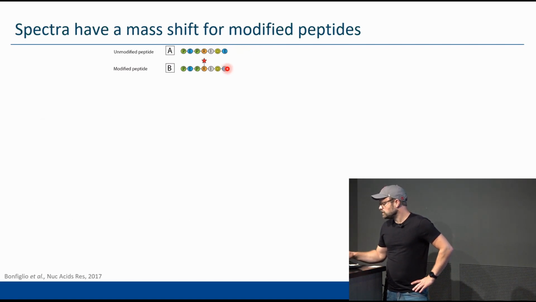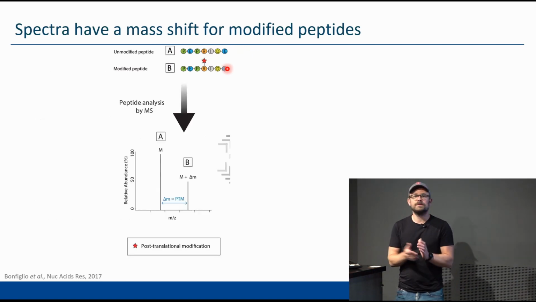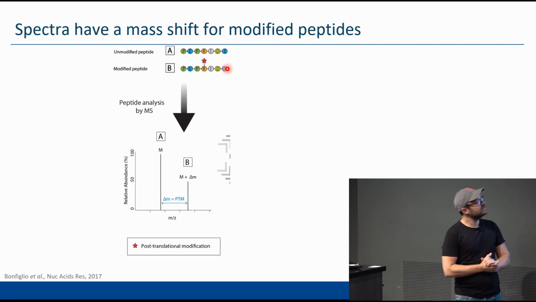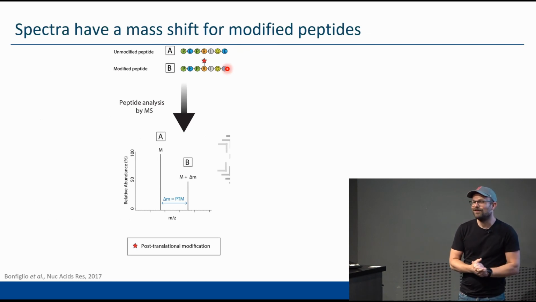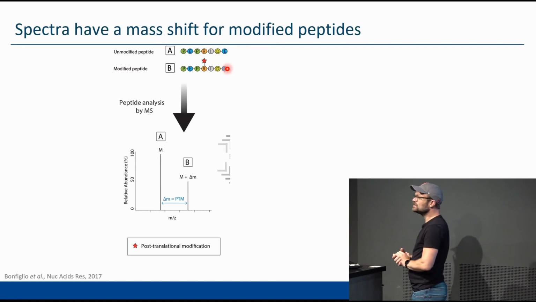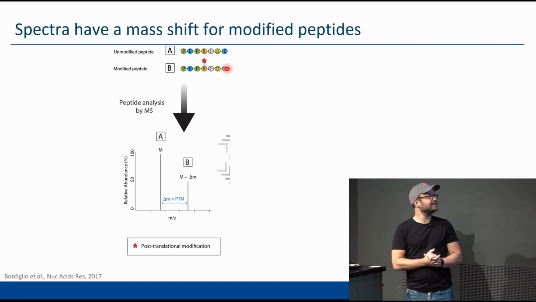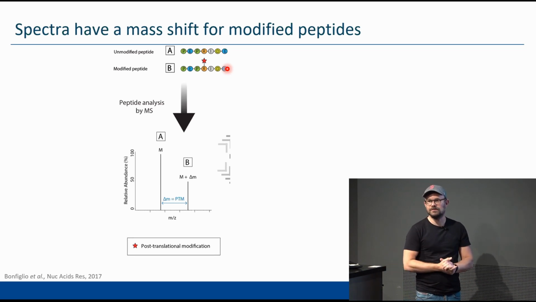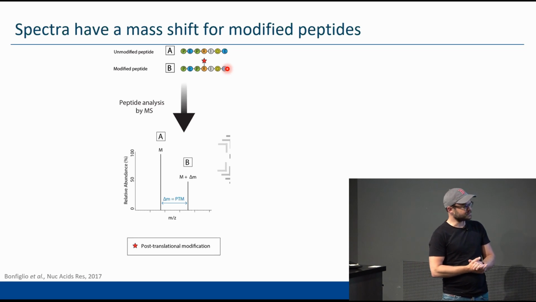As usual, in an MS run, first there is an MS1 scan measured. If we compare the peaks, the masses of these two peptides, there is a difference. They are easily distinguishable on the MS1 level because they have a delta mass difference caused by the modification.